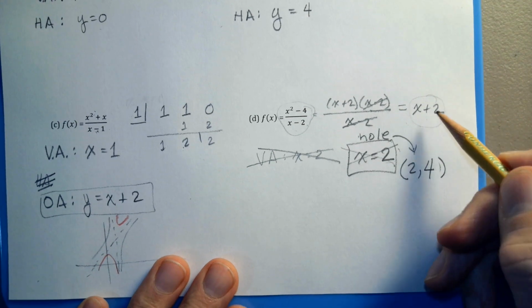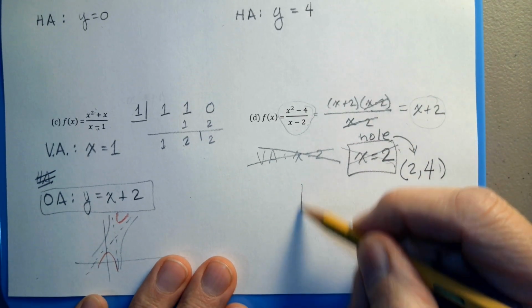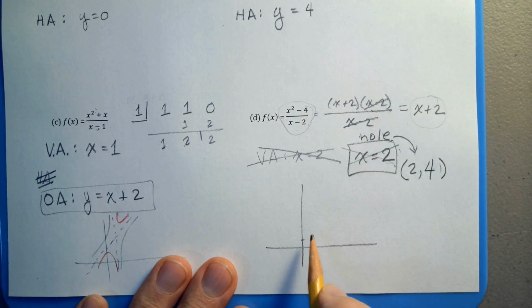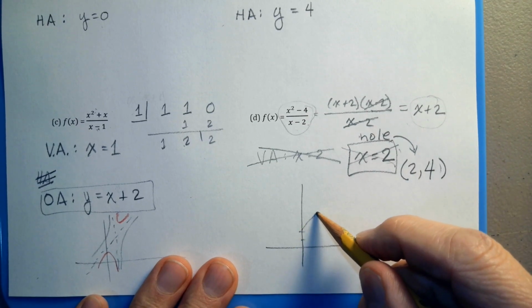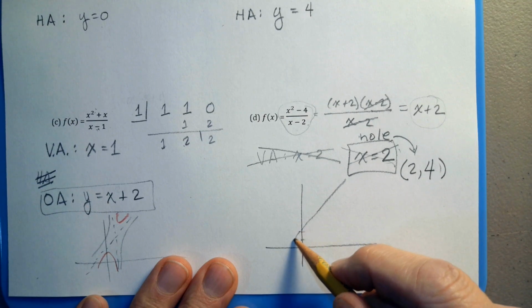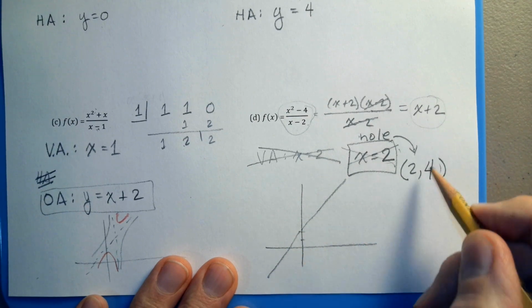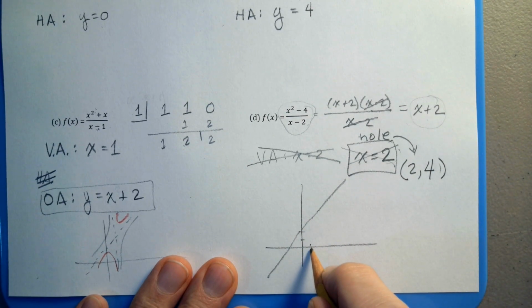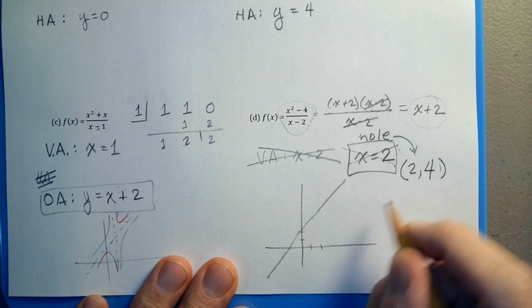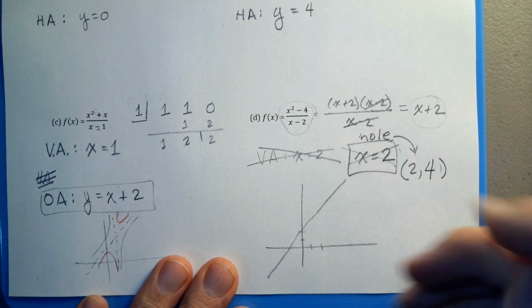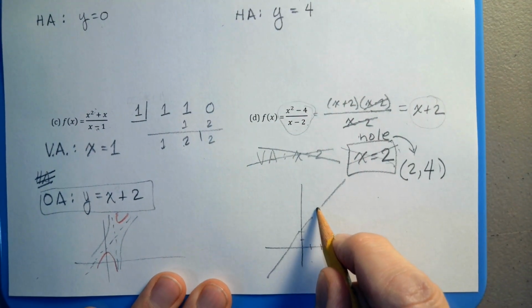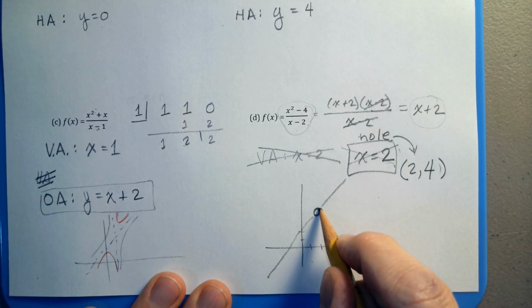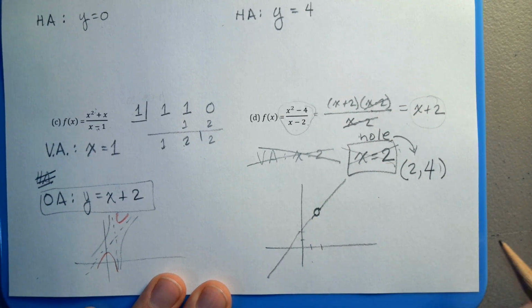All right. So let's think about what this line looks like. It has a y-intercept of 2, slope of 1. So something like this, let's say, except at the point 2, 4, we go over 2 and we're up here. We don't have that point. That point's not there. There is a hole. Okay?